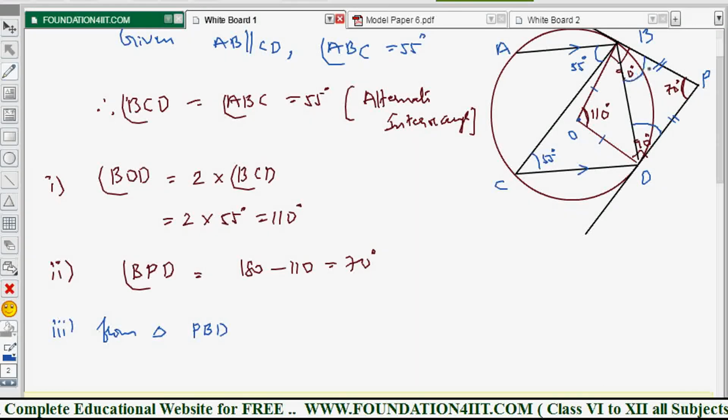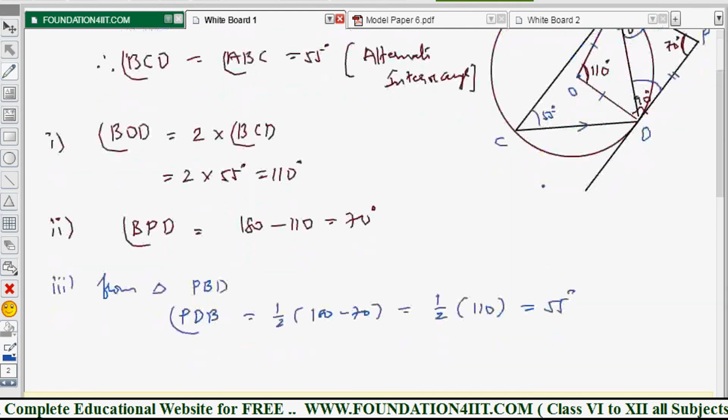The sum is 180. From 180, subtract 70, which is 110, and share it for both, half of the 110. So angle PDB is equal to half of 180 minus 70. Half of 110 is 55 degrees.